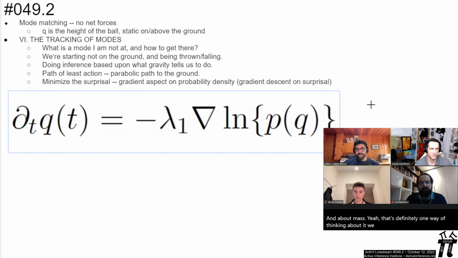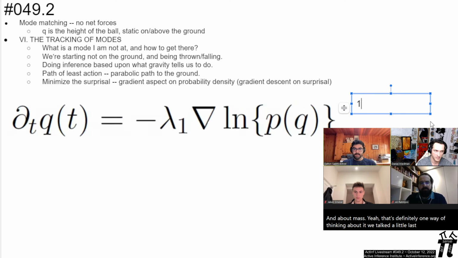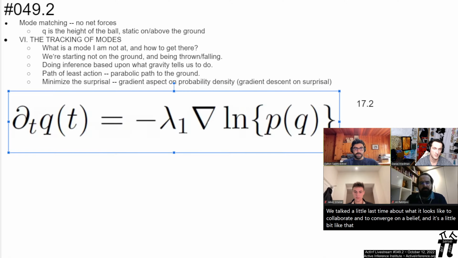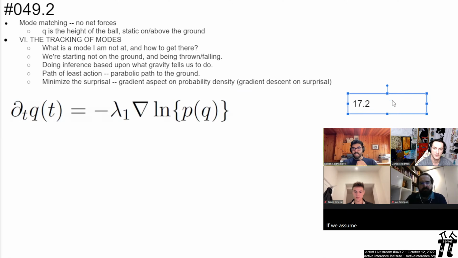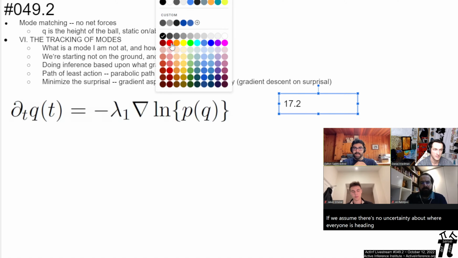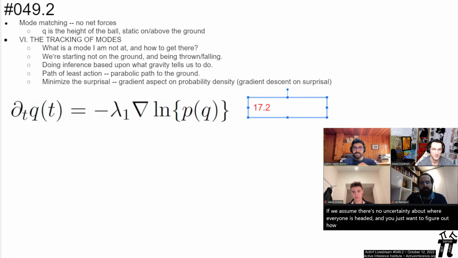We talked a little last time about what it looks like to collaborate and to converge on a belief. And it's a little bit like that if we assume there's no uncertainty about where everyone is headed and you just want to figure out how to get there.